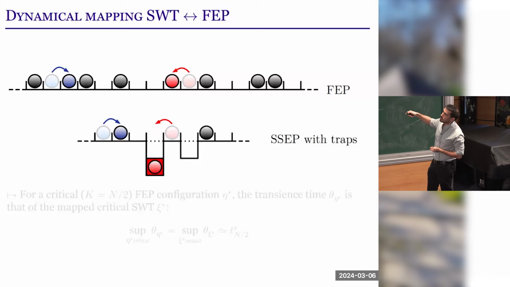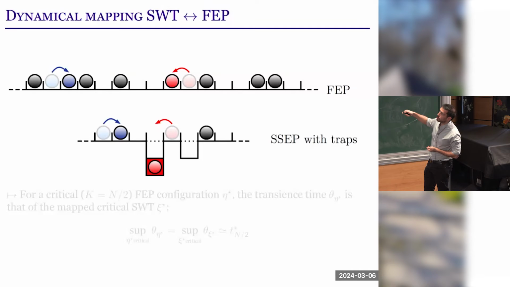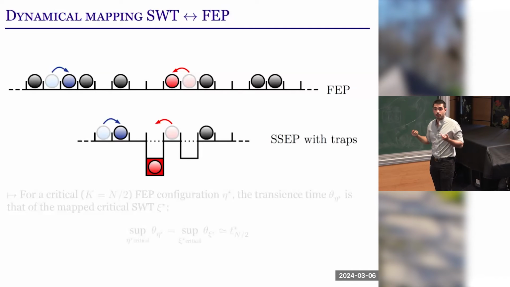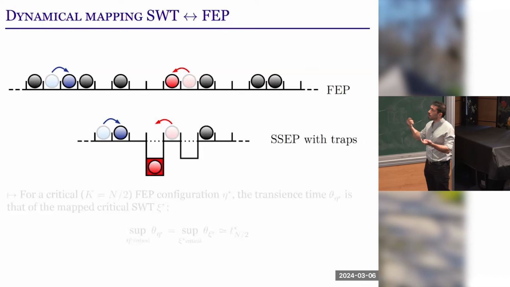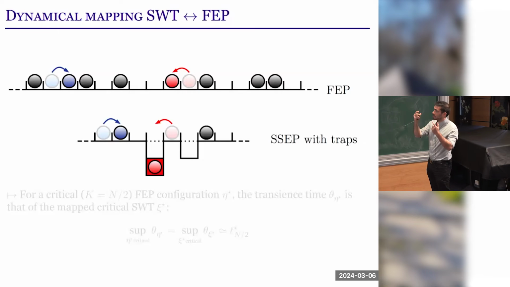So essentially your particle that was here is going to jump here. This is exactly SSEP-like behavior. Now, if this particle jumps here, this number of empty sites is going to decrease by 1, but the following number of empty sites is going to increase by 1, which means that the particle has fallen into a trap. So you have this one-to-one mapping between both static and dynamic features of the FEP and the SSEP with traps.